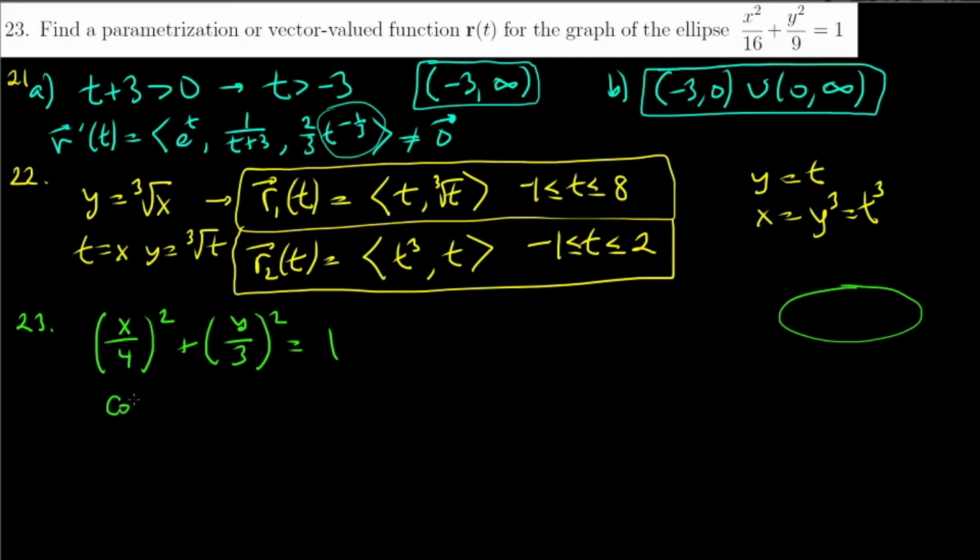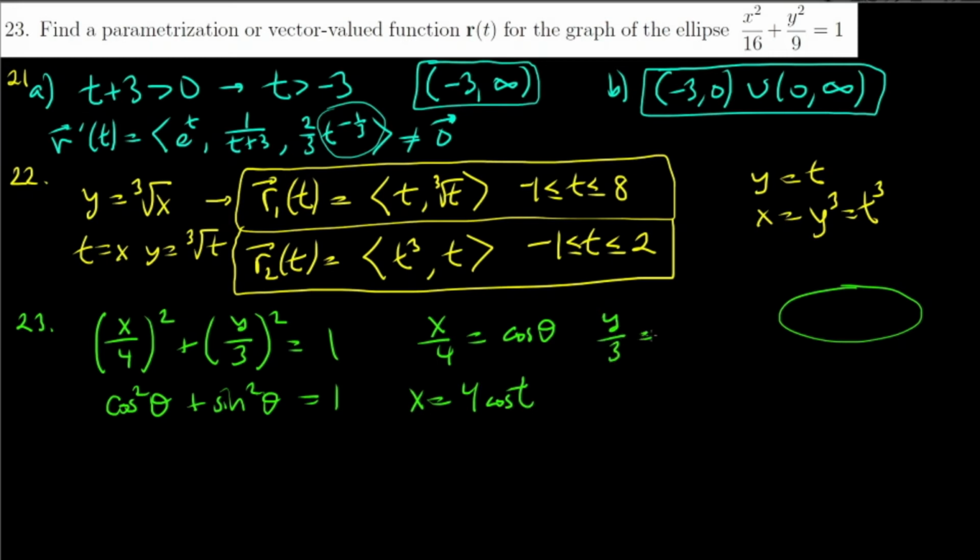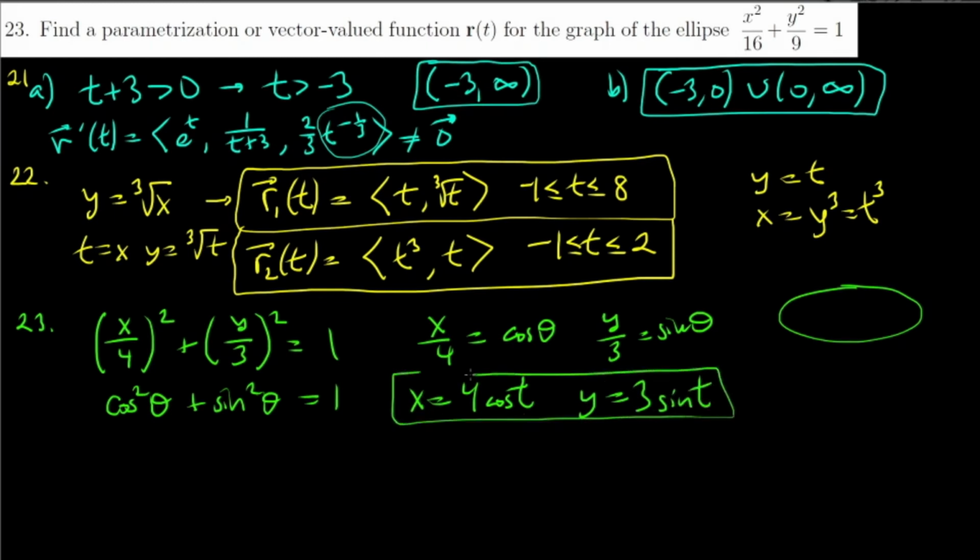And hopefully you remember, cosine squared plus sine squared is 1. So that tells me that my x over 4 should be cosine, which means x is just 4 times cosine of theta. Let's change theta to t now. And then y over 3 is going to be sine of theta, so y is going to be 3 times sine of theta. But let's just use t instead of theta.